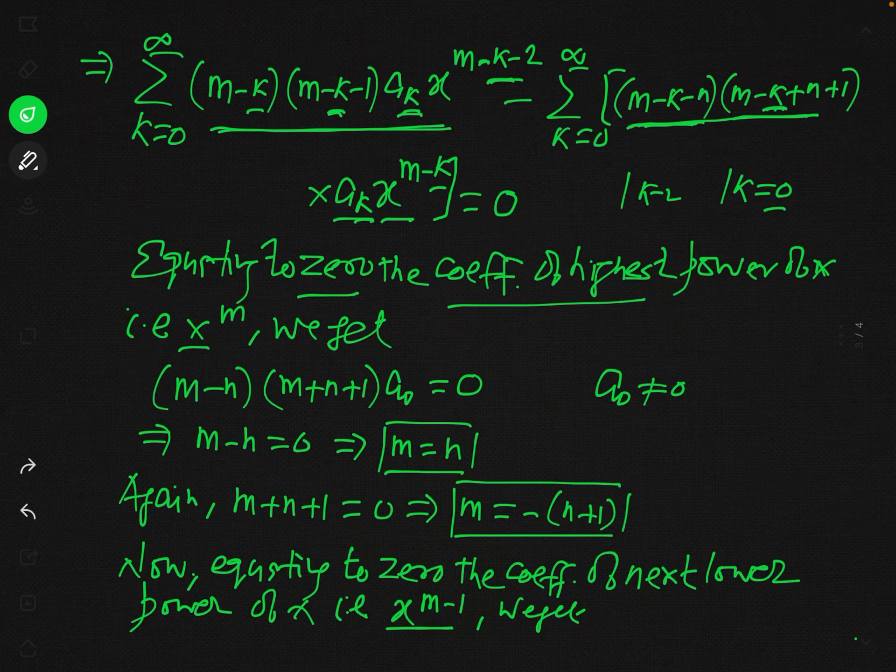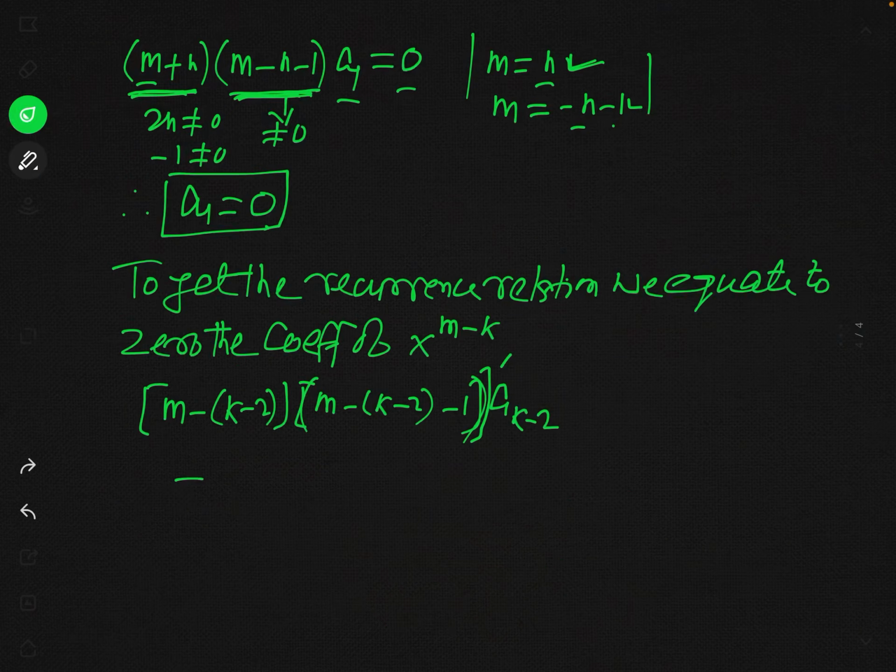Now in the second term you can see here m minus k is already present, so we will directly write these coefficients, m minus k minus n into m minus k plus n plus 1 into ak.